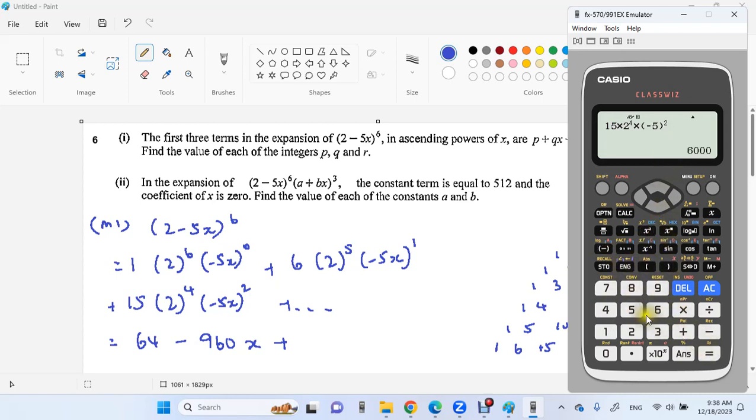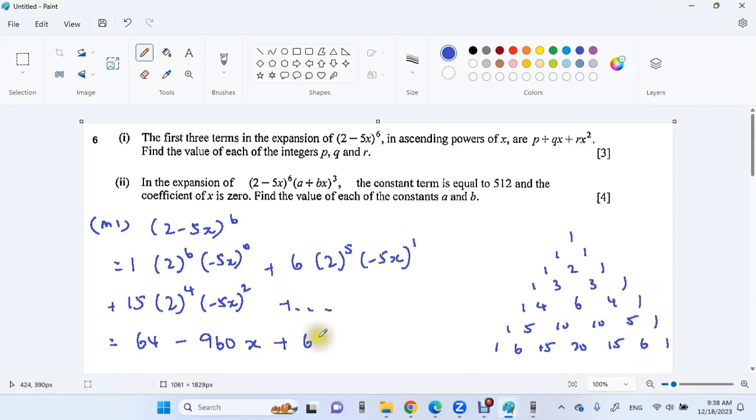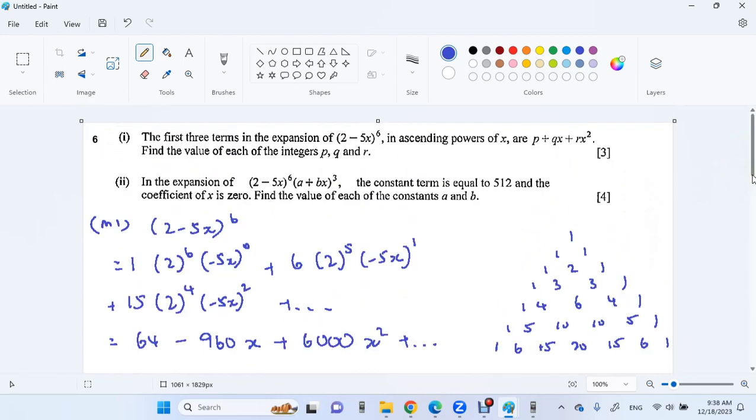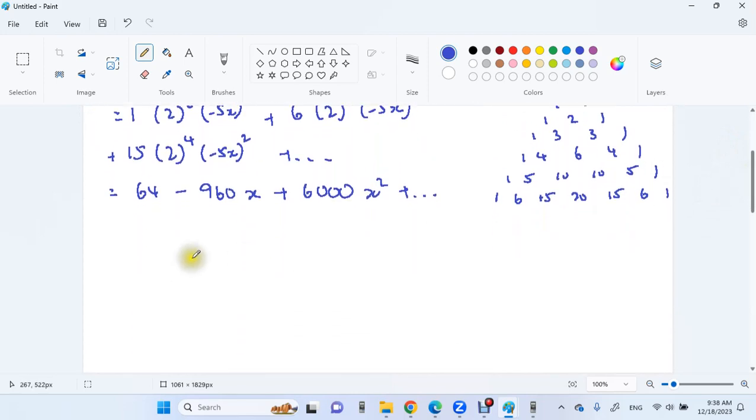It will become positive 6,000, so 6,000x squared. So the value of p, q, r: p is 64, q is negative 960, r is 6,000.